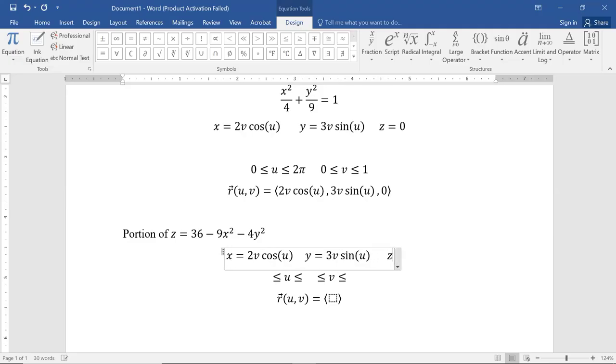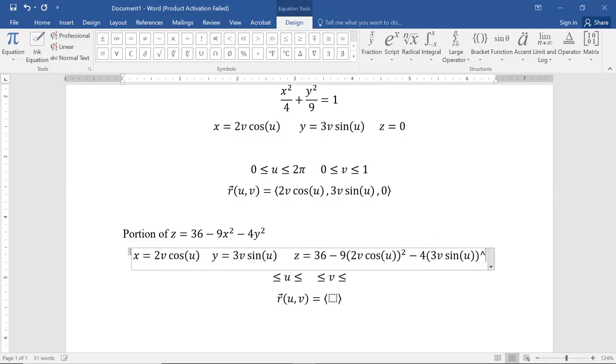But now the z is going to be determined by a function of u and v. And so I'm going to get 36 minus 9 times x squared. That is 36 minus 9 times 2v times the cosine of u squared minus 4 times 3v times the sine of u squared.